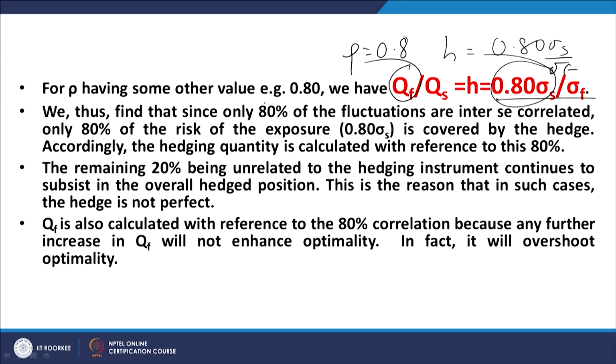In other words, we are only trying to hedge 80% of the fluctuations of the exposed asset, because we know only 80% are correlated with the futures prices. So, the best we can do is to have an optimal hedge with respect to this 80% value of the prices of the exposed asset.